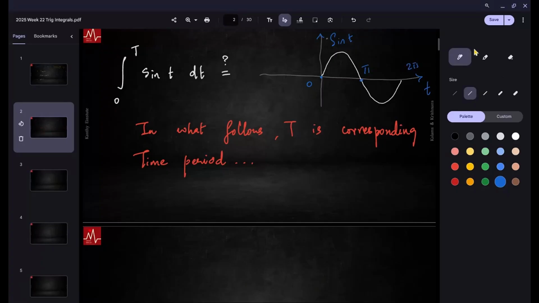After 2 pi, the function keeps repeating. This is periodic, the period is 2 pi. This is a definite integral, 0 to T. I'm not asking an indefinite integral. In this case, the time period T is this. By integrating over a time period, what do we get?